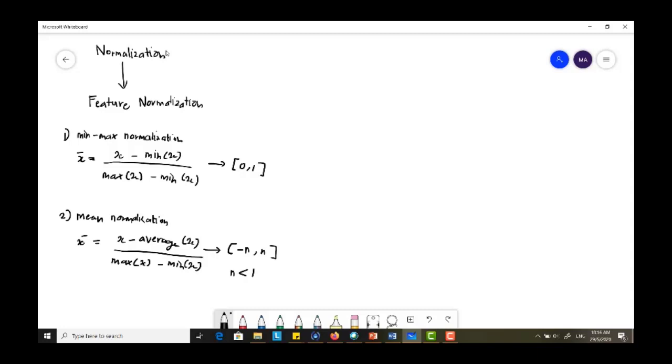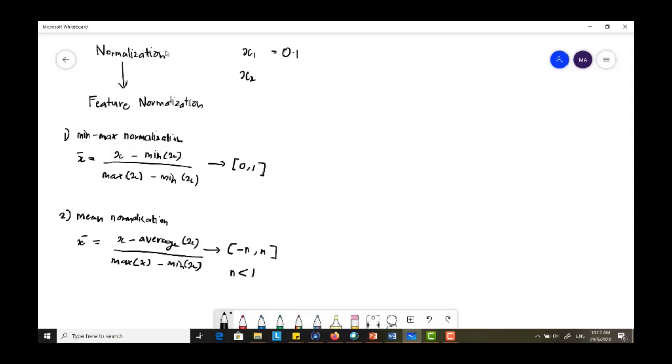I have some numbers like this. You have one number x1, and x2. The first number of x1, let's say, is 0.1, and your x2, let's say, is 10.